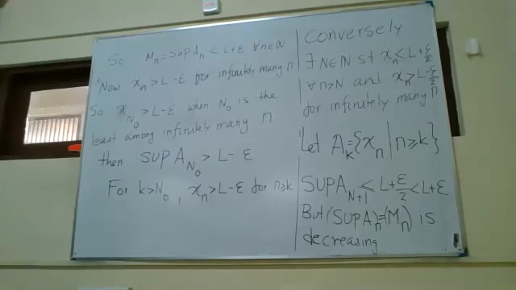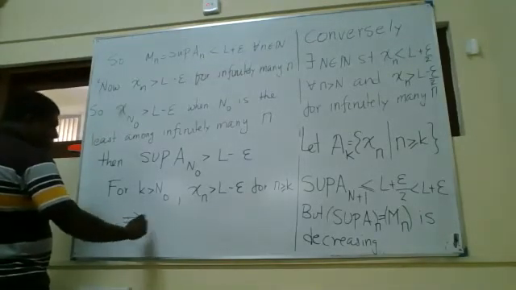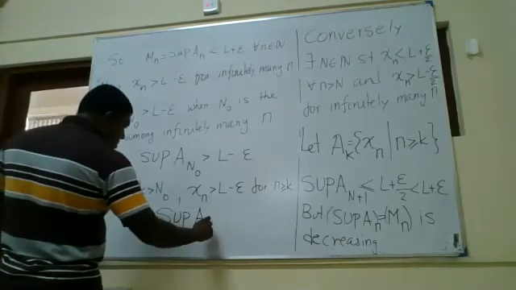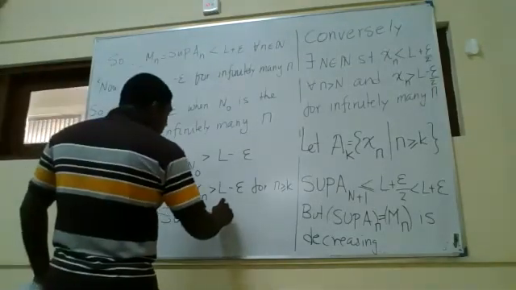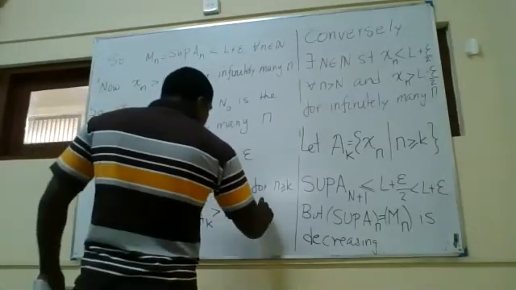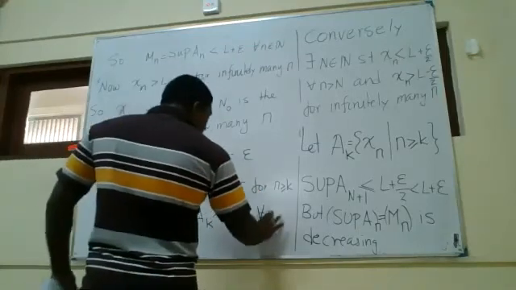Because you know n naught is the least possible number you pick in the sequence, in this case the supremum of A_k is greater than L minus epsilon for all k greater than n naught.